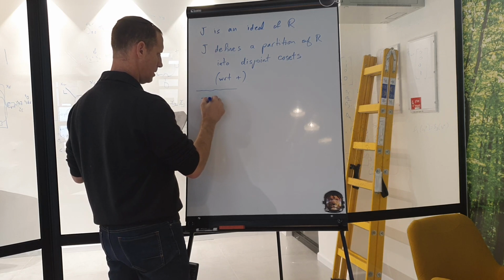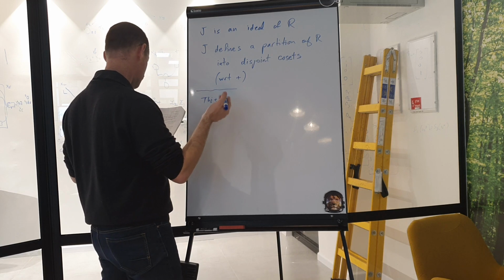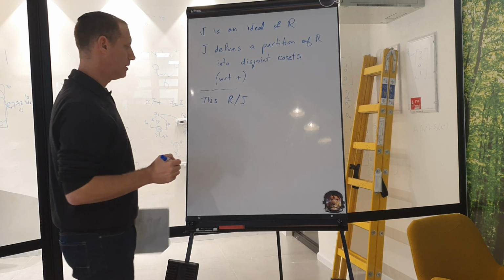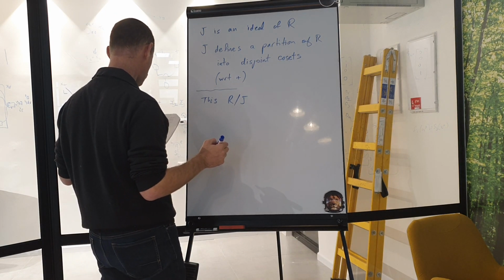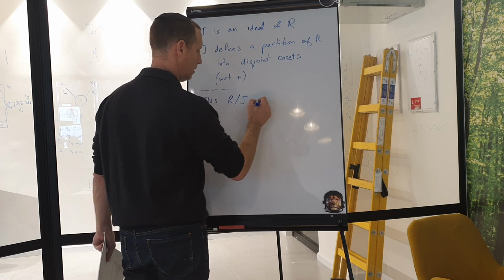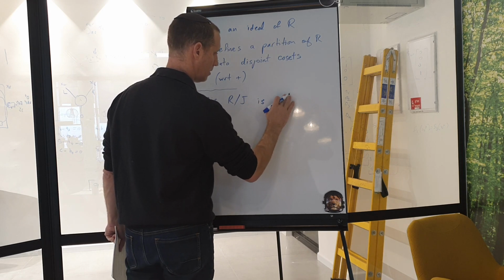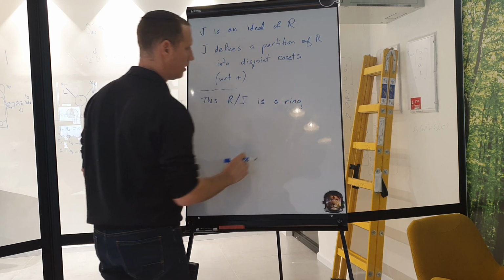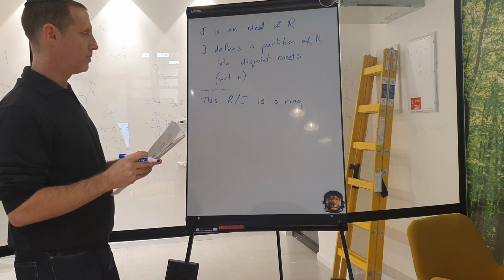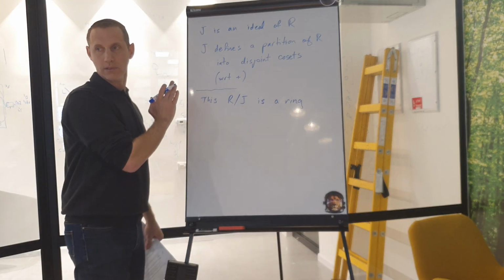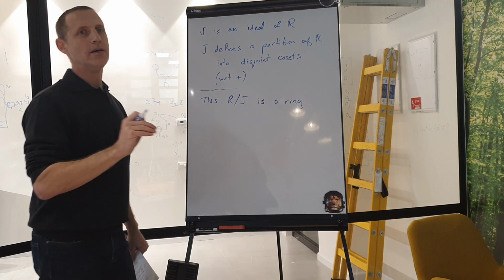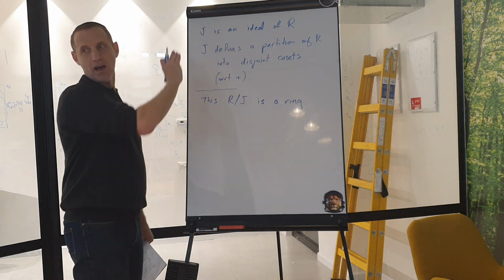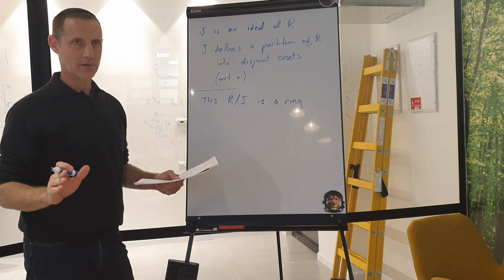So this, and we'll just already call it this partition, which is marked like this, it's actually a ring. But it's a ring with the following operations. We need to define addition and multiplication, and again, they're not going to be the addition and multiplication of R. They're going to be something different.